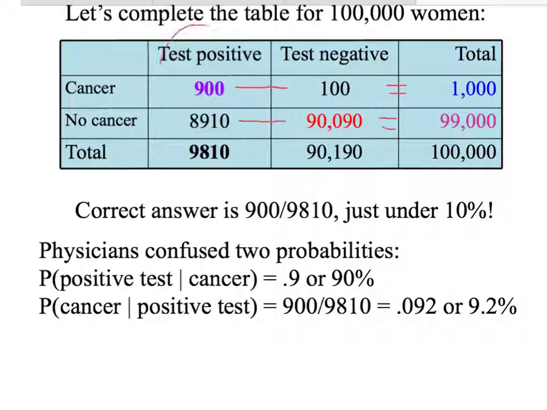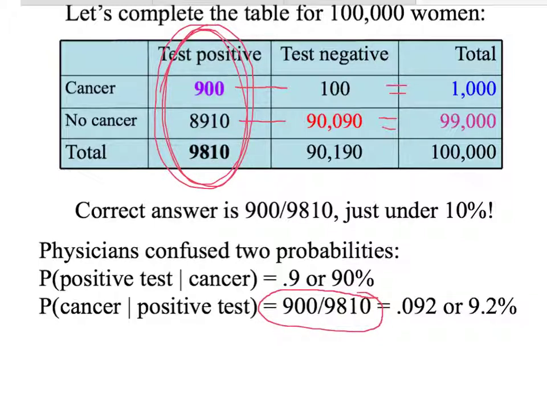Well, here's all the ones that had the positive test. And so they're asking this question, 900 out of 9,810, or 9.2%. That's just under 10% of people who have a positive test have cancer.